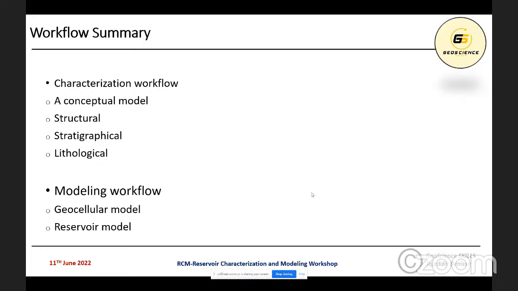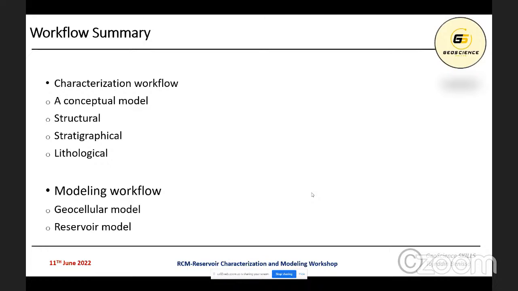So you make a concept, and then you build a model that matches the concept, which you think is the reality below in the subsurface, with some degree of uncertainty, because it's subsurface. There's no 100% exactly right, so there's always uncertainty. After that, you come to the modeling workflow we talked about earlier.